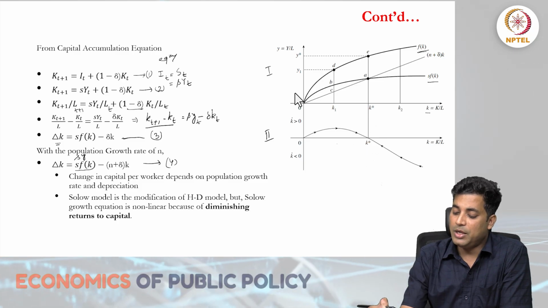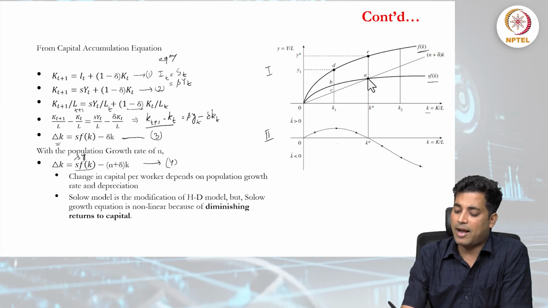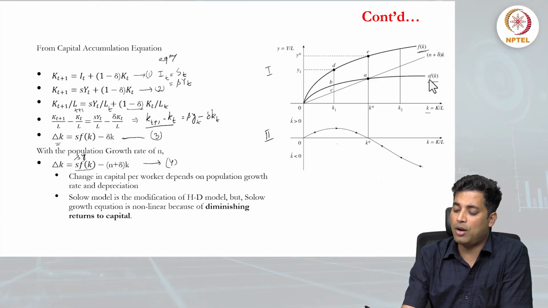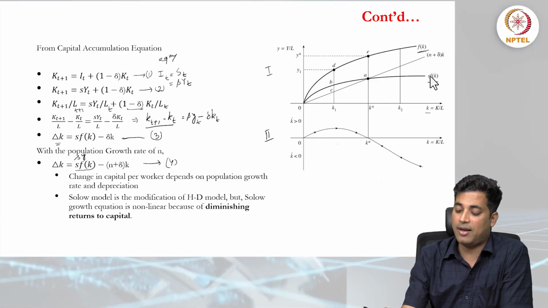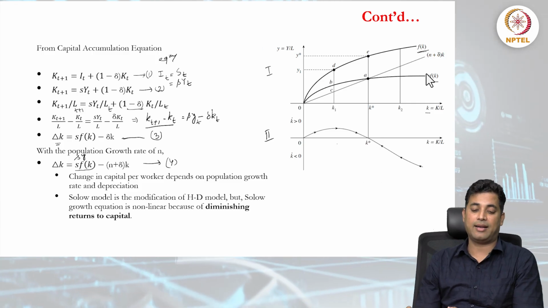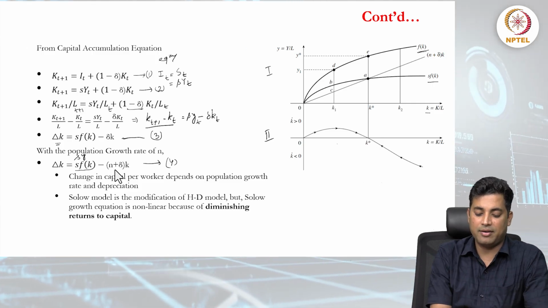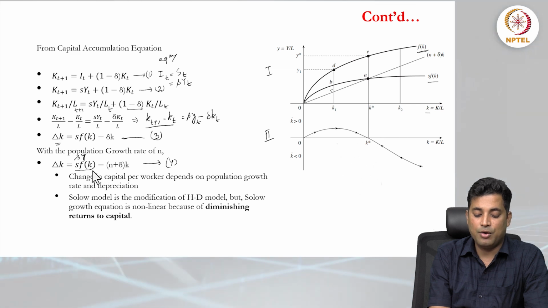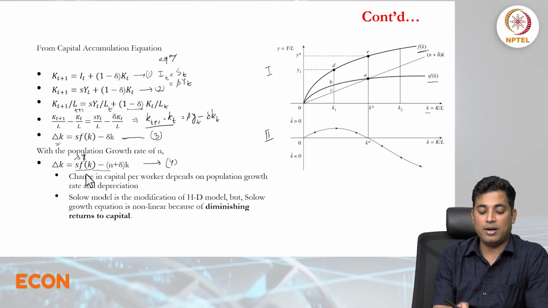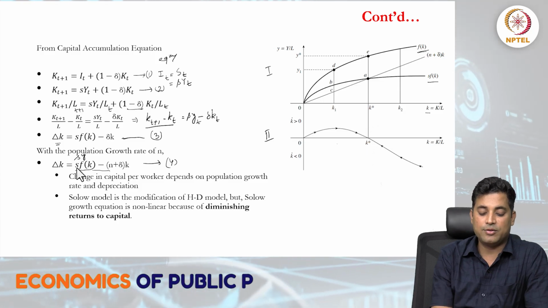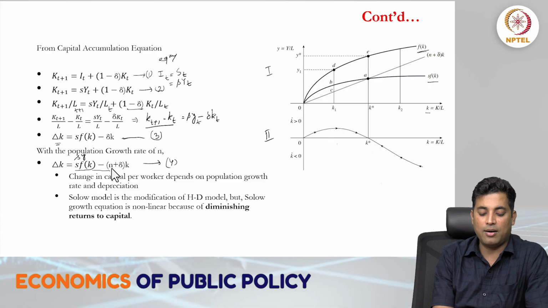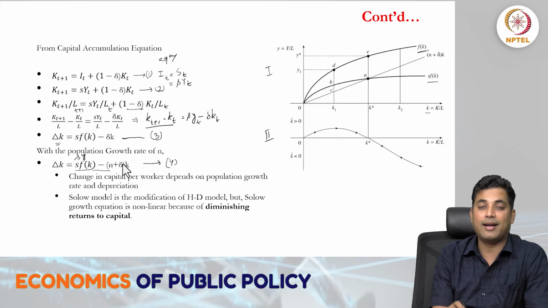Now you can see at point A, where s f(k) intersects with (n plus delta) k, if we look at equation 4, on the right-hand side of the Solow equation, s f(k) equals (n plus delta) k.